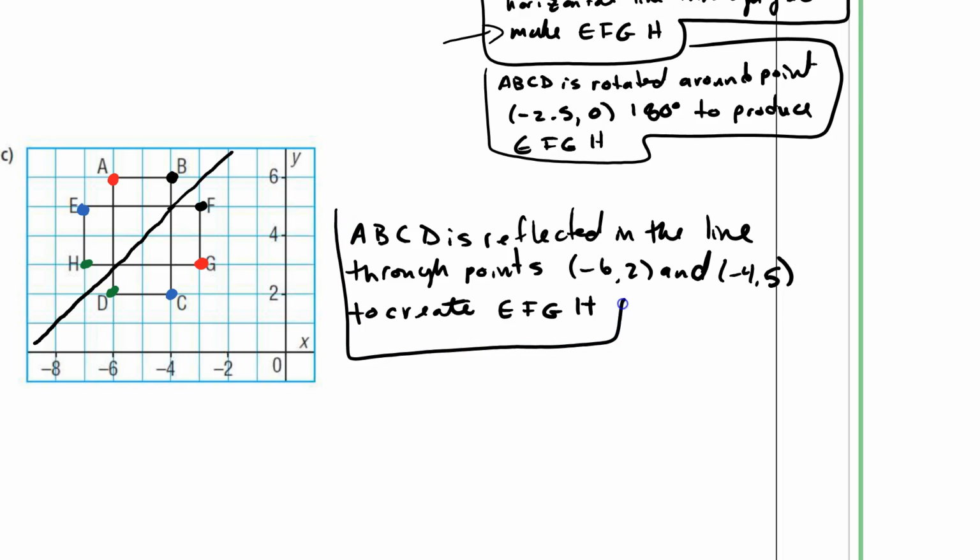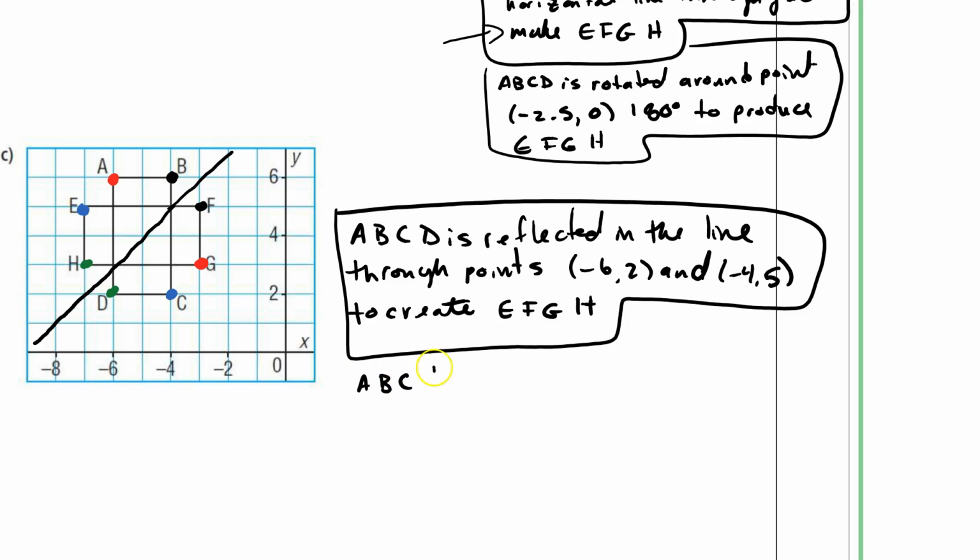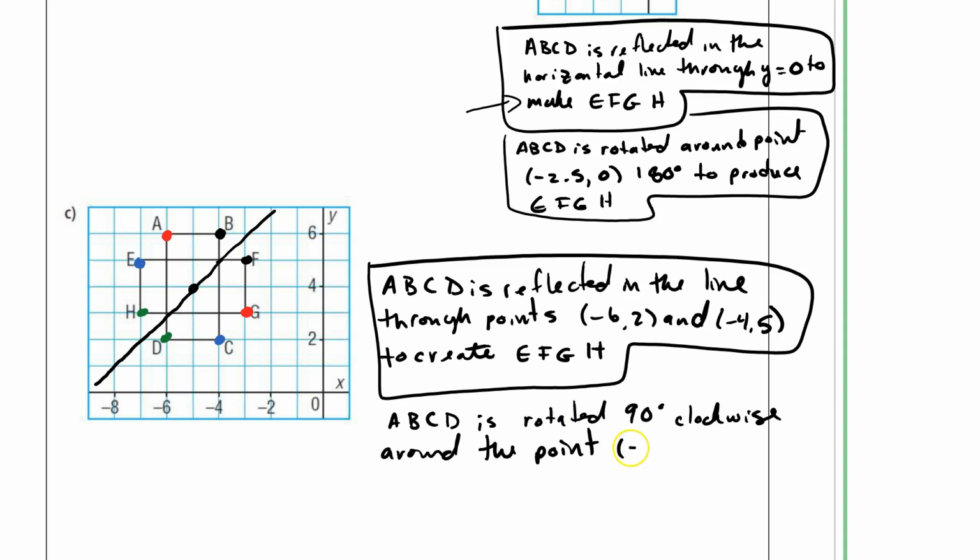There's another one that we can say. We can say that ABCD, let's keep it capital here, folks, ABCD is rotated 90 degrees clockwise around the point (-5, 4).